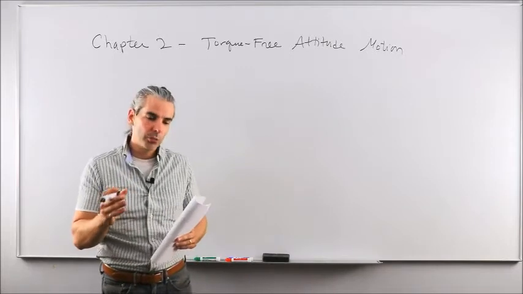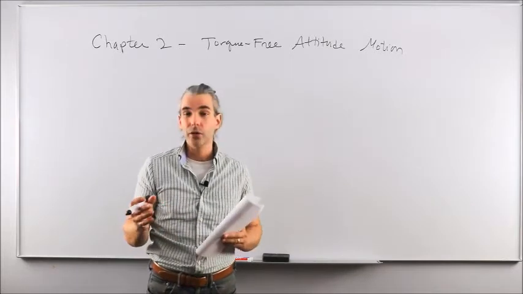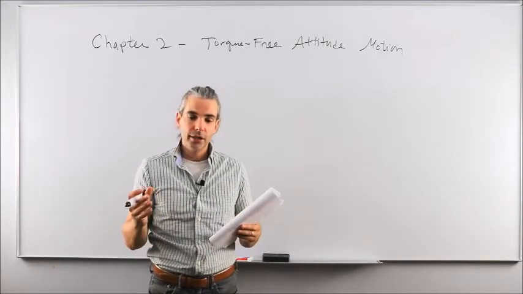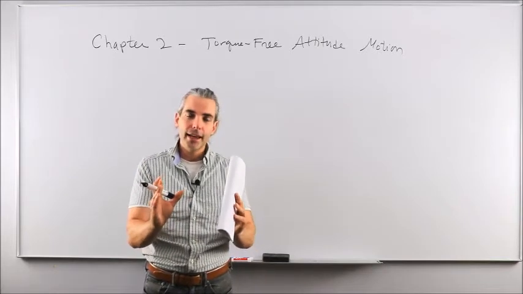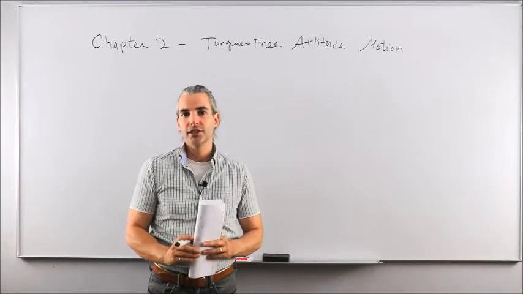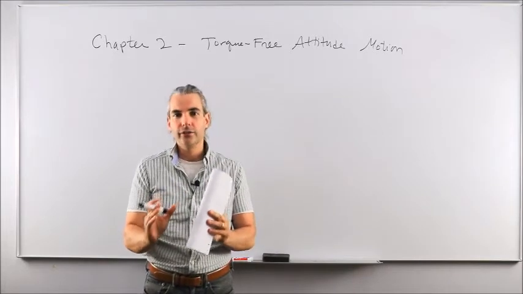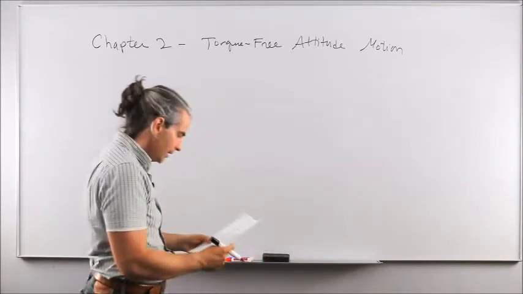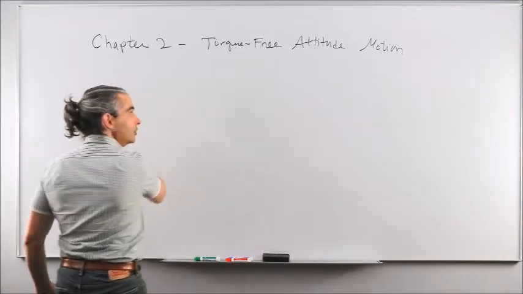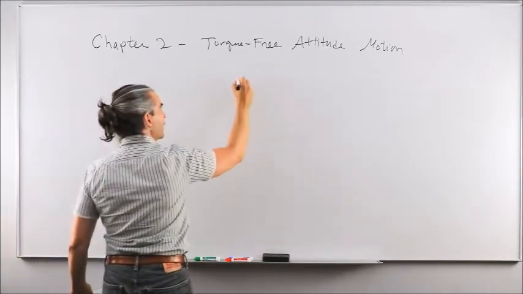But nevertheless, those perturbations in space are rather small, and if we look at the attitude motion over a short period of time, then the torque-free assumption would be kind of valid within that small time frame, okay?